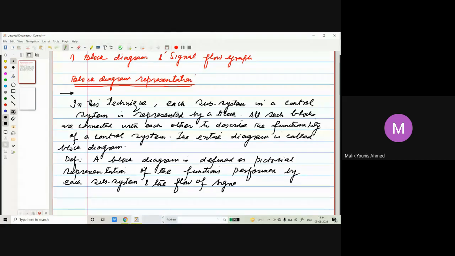So it's very important: what is the function of the individual block, and then how the flow of signals has been arranged. That represents the block diagram.